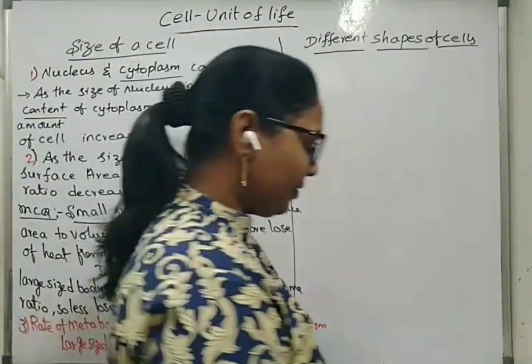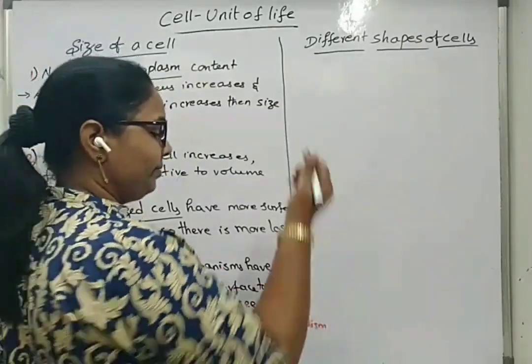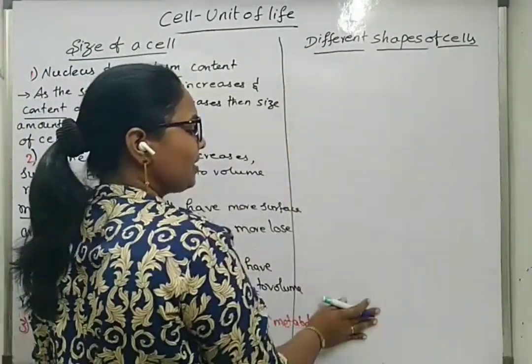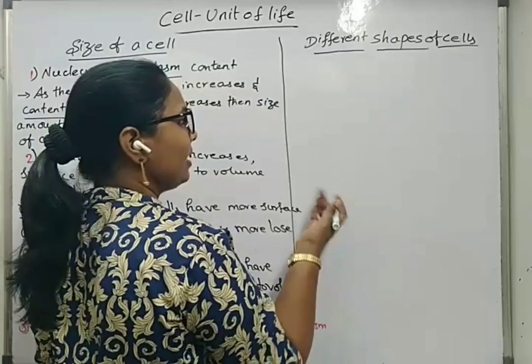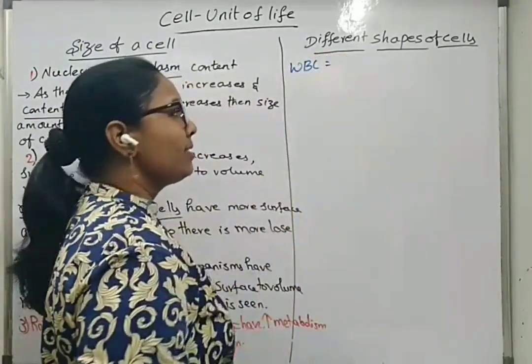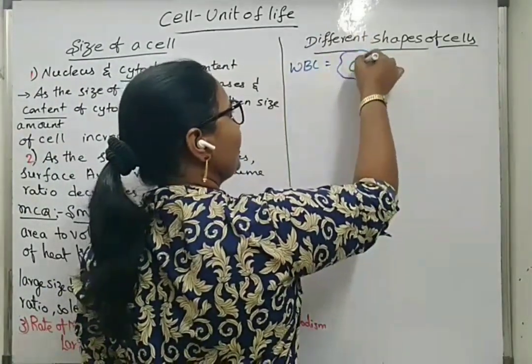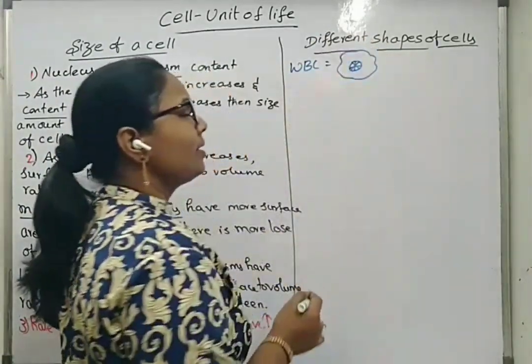Now coming to different shapes of cells. We will write a few types of cells and what their shapes look like. First one, WBC, white blood cells. They are amoeboid in shape with a central nucleus.